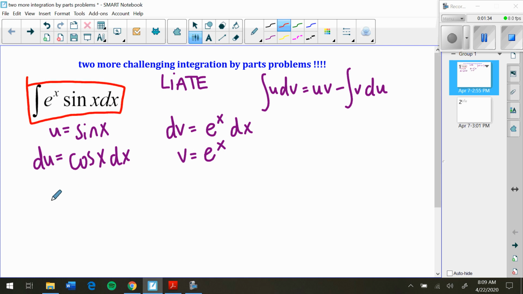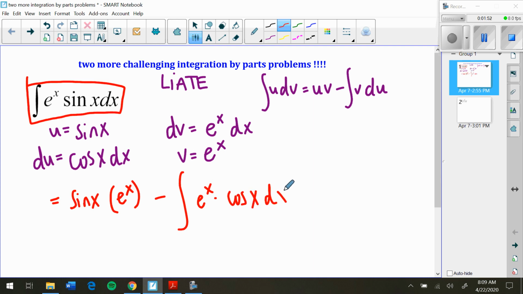And this is going to be equal to u, which is sine of x, times v, e to the x, minus the integral of v, e to the x, times du, cosine of x dx.